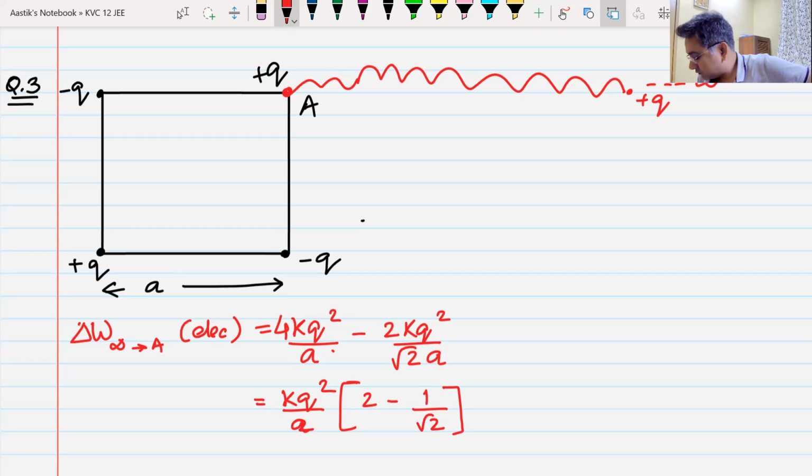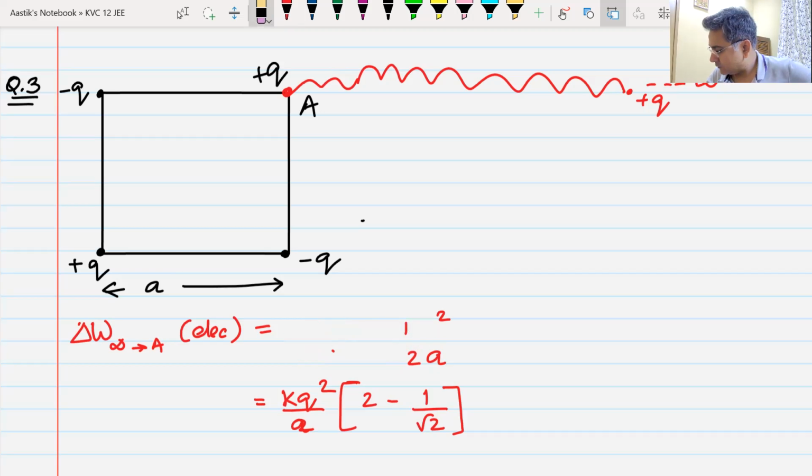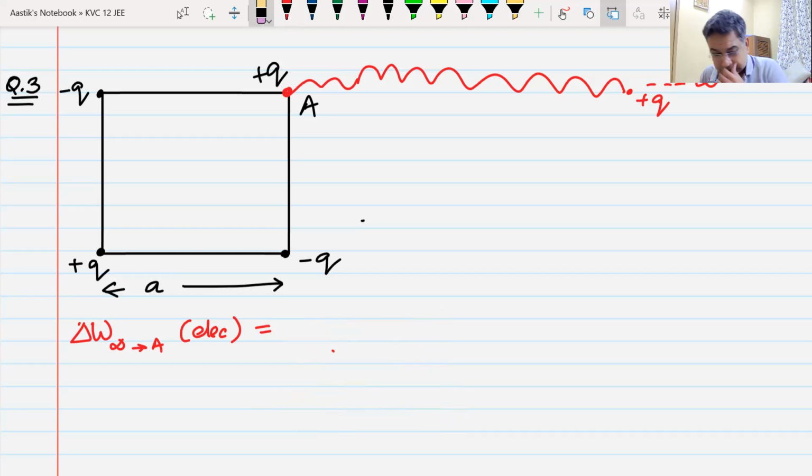U assemble is equal to... What happened? Okay. Let me tell you how it is to be done. Now remember, there is an initial system and there is a final system.